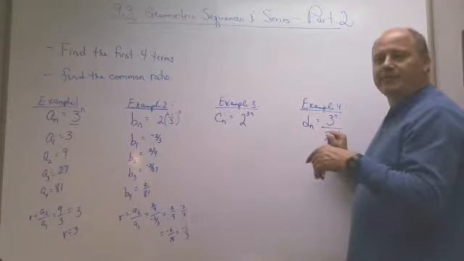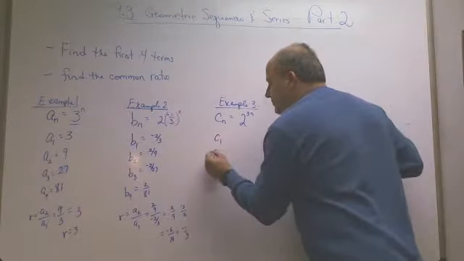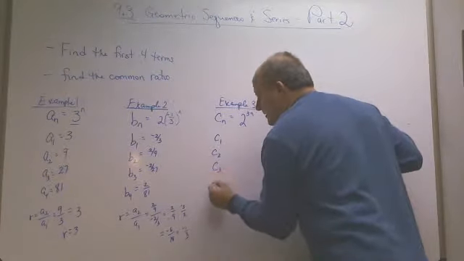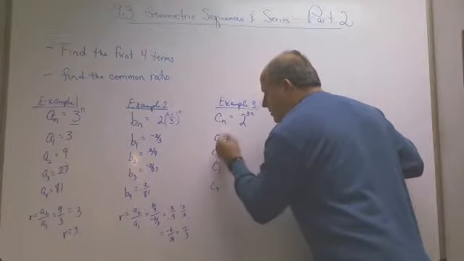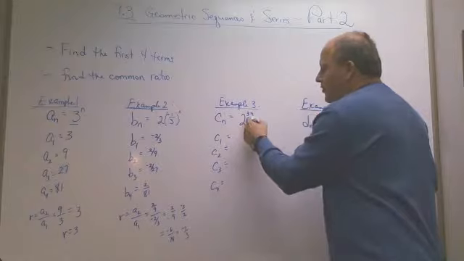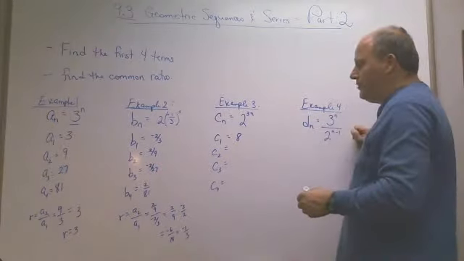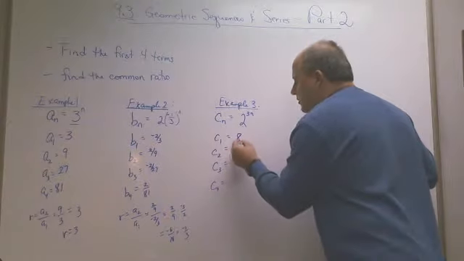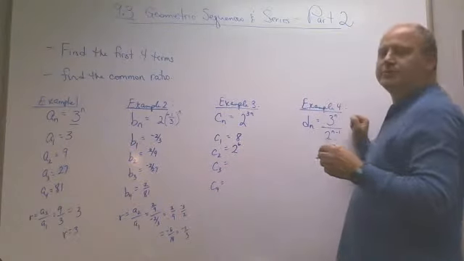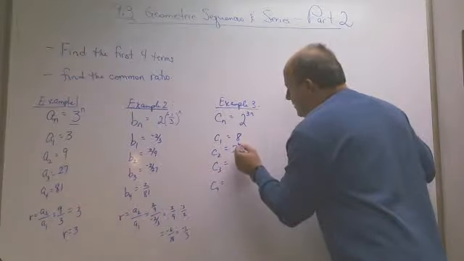So same thing here: c sub 1, c sub 2, c sub 3, and c sub 4. Plug 1 in, you get 2 raised to the 3 times 1, so it's 8. Now you plug in 2, so it'll be 2 to the 6, because 3 times 2 is 6, and 2 to the 6 is 64.